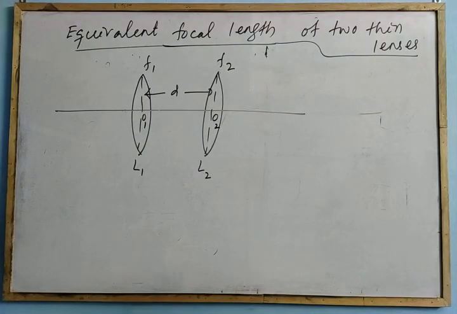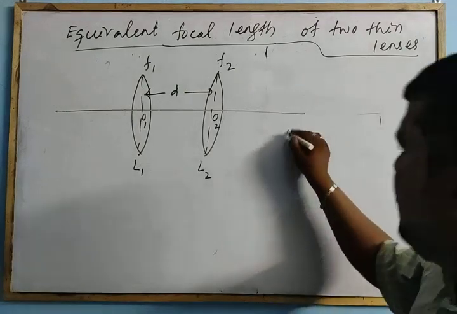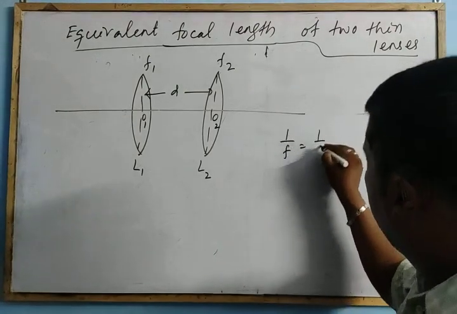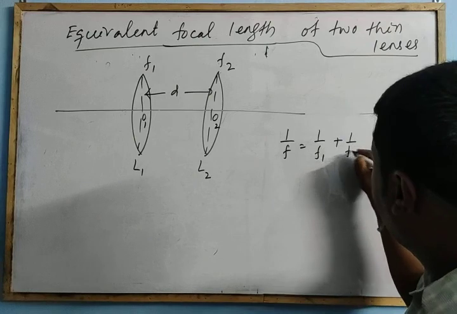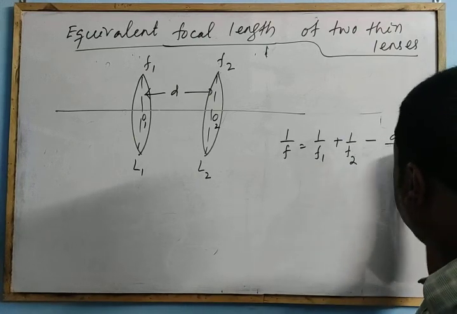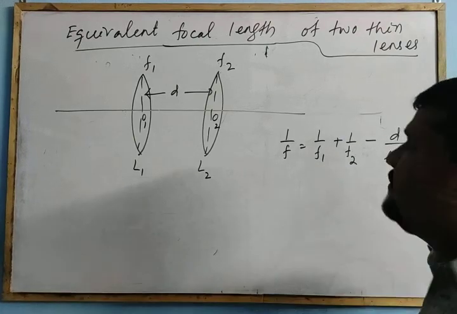If they are placed like that, separated by a small distance d, then the equivalent focal length is given by 1 by f is equal to 1 by f1 plus 1 by f2 minus d by f1 into f2.